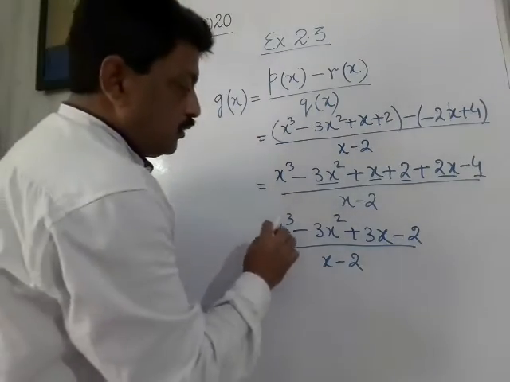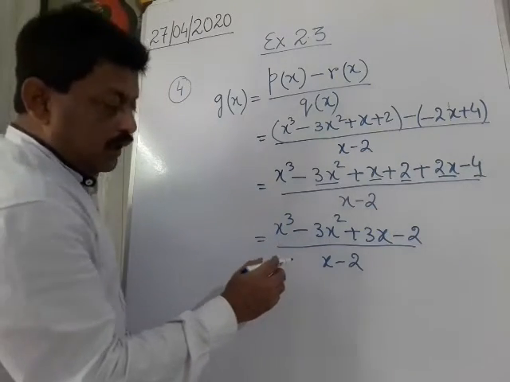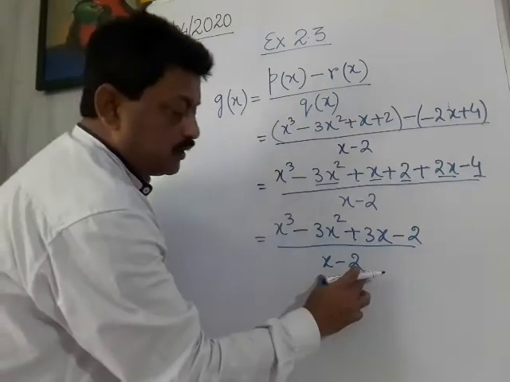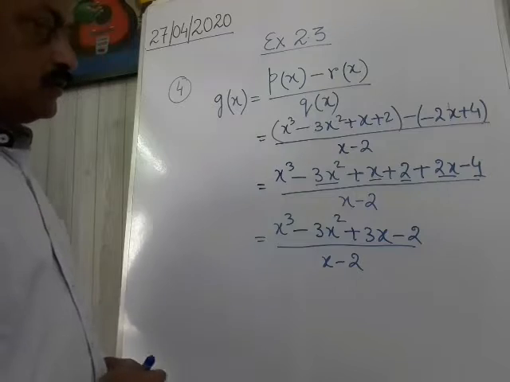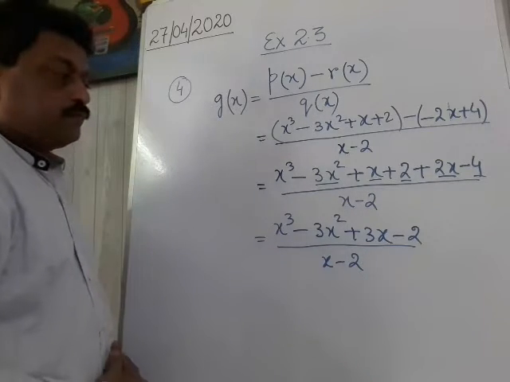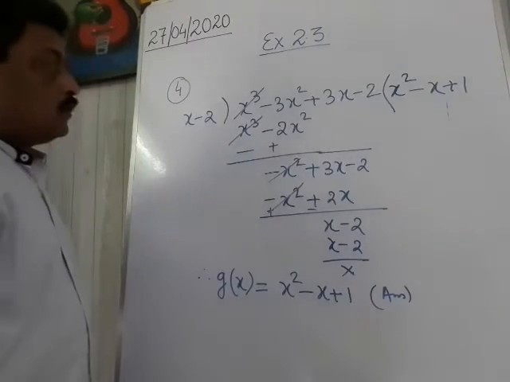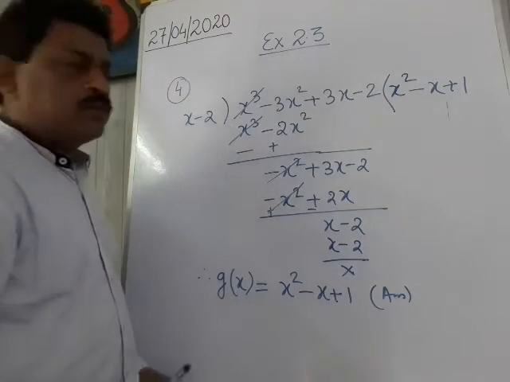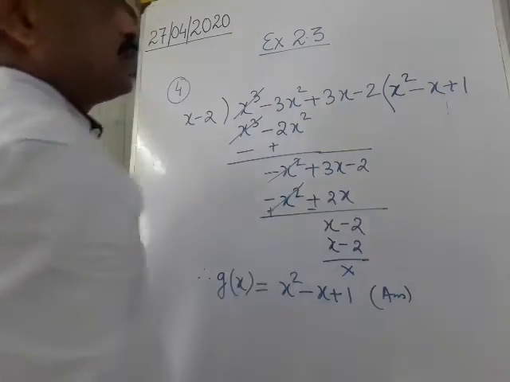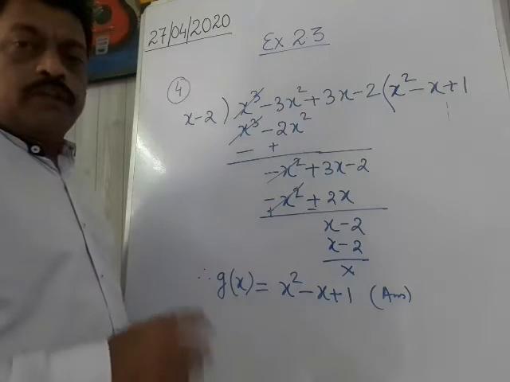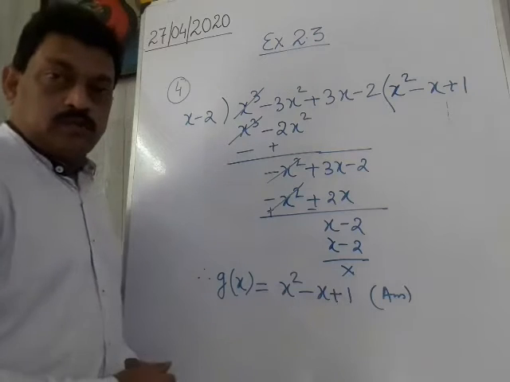Here this x cube minus 3x square plus 3x minus 2, I have to divide it with x minus 2. So let me go for the direct division method. Just go through it. By direct division method, I have got the quotient as x square minus x plus 1. Therefore, the value of g(x) is x square minus x plus 1.